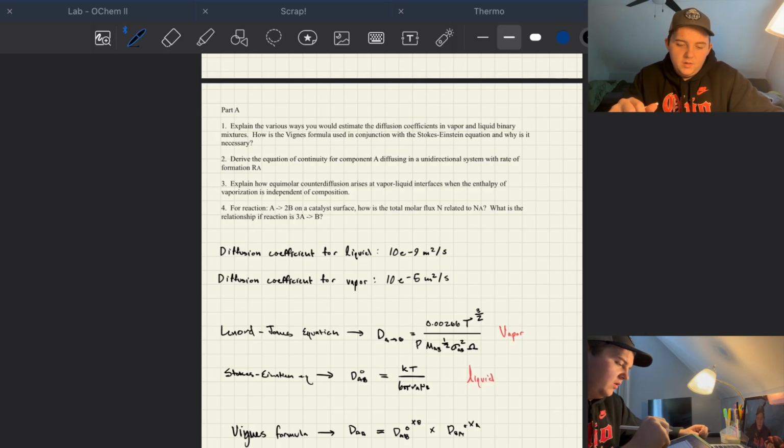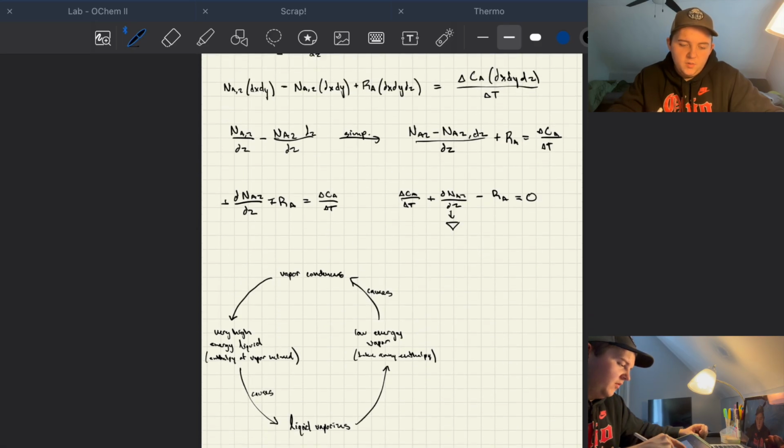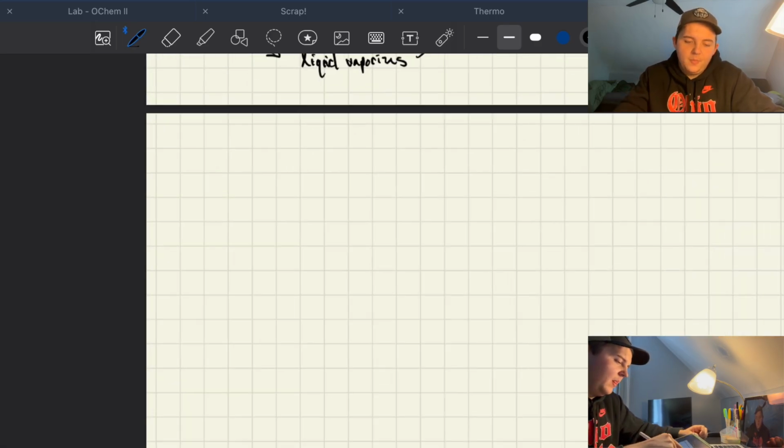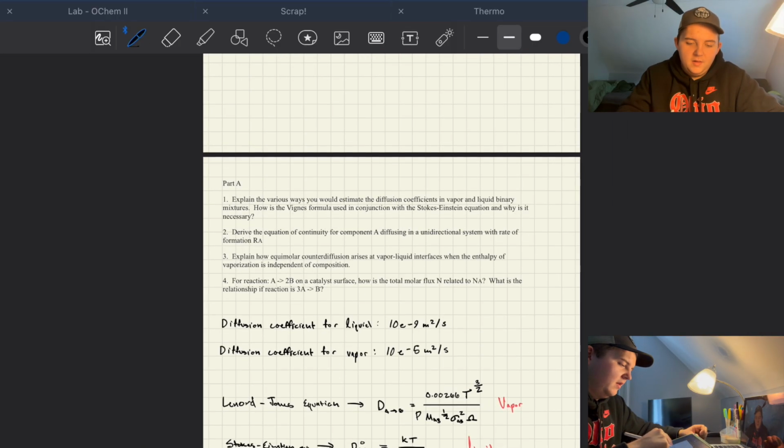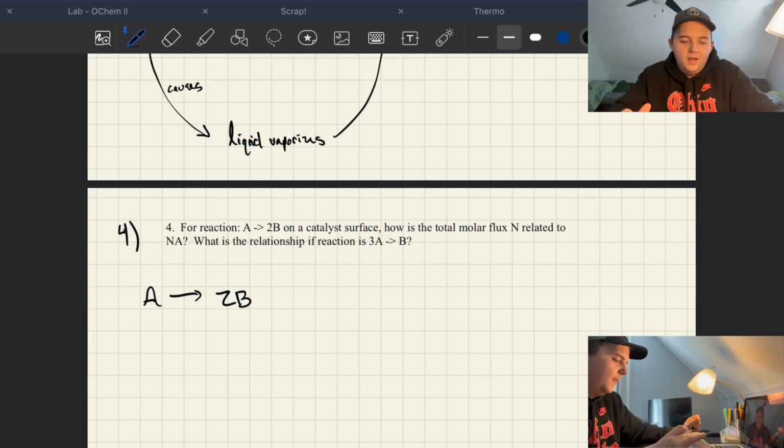Now we're going to do part 4, which hopefully should only take a second. Let me write down a few things and then I will be back. Okay, I'm back. This last question is for reaction A goes to 2B on a catalyst surface: how is the total molar flux N related to NA? And what's the relationship if it changes to 3A goes to B?